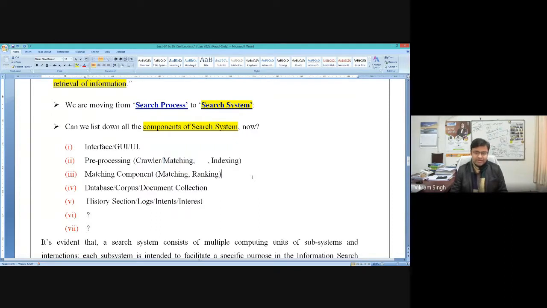It has nothing to do with real-time matching. Real-time matching means matching based on the user query. That's why it is placed under the pre-processing component.